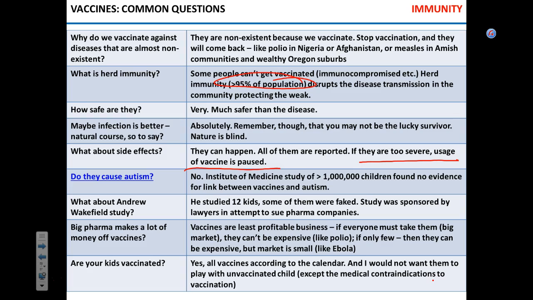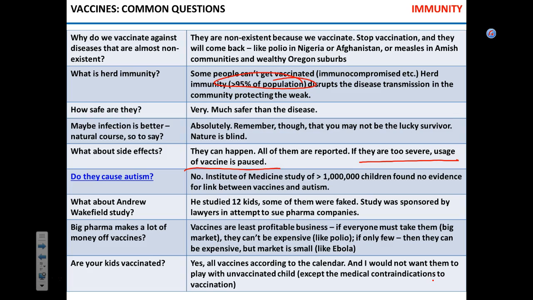Since then, his findings were debunked by a gigantic meta-study by the Institute of Medicine in the United States, which based its meta-analysis on more than 1 million vaccinated kids, finding absolutely no statistical evidence of a link between autism and vaccination against MMR, polio, and I don't know if they studied any other vaccines. Andrew Wakefield's medical license was canceled. He lives in Austin, Texas, and continues to perpetuate the idea that vaccines cause autism.